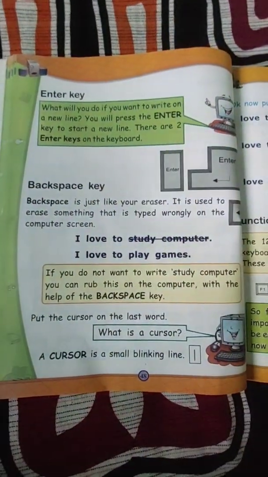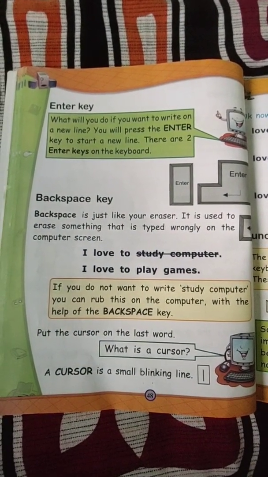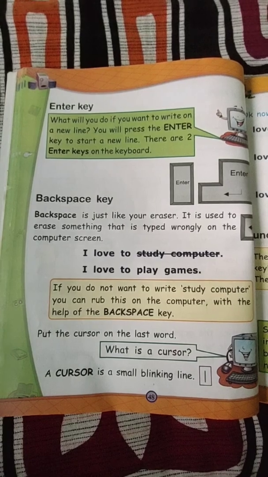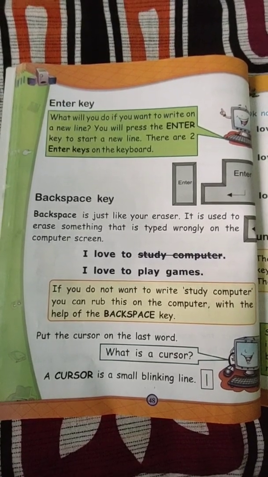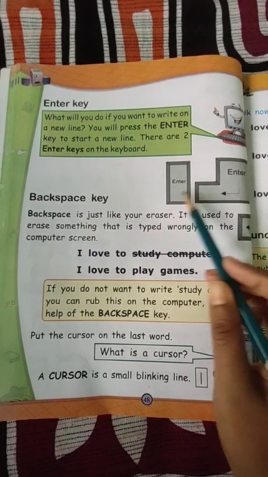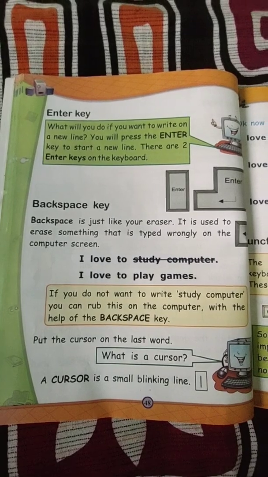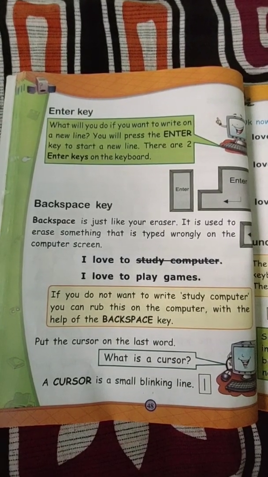Enter key. Children, can you tell me how many enter keys are present on the keyboard? The answer is 2. There are 2 enter keys on the keyboard. You can see here there are 2 enter keys on the keyboard. And what is the work of the enter key?